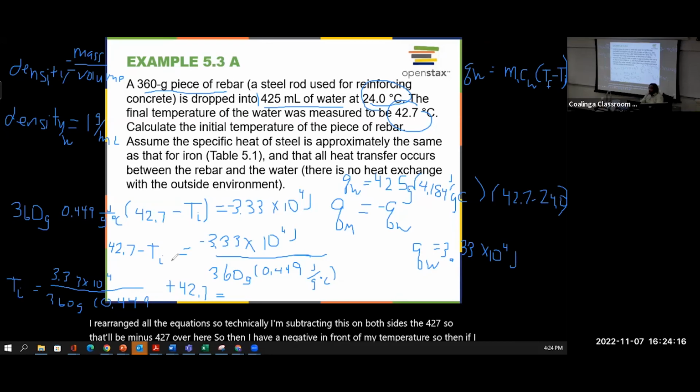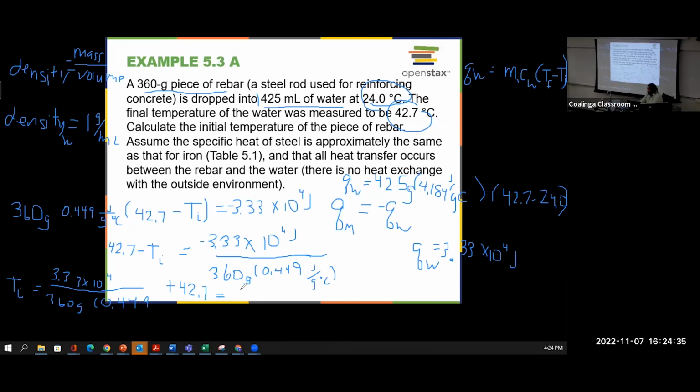If I divide everything by -1, that makes this positive and that positive. So you get 249 degrees Celsius.